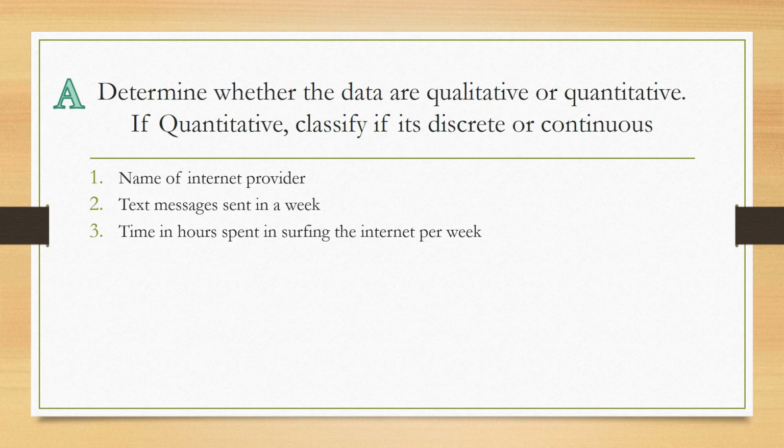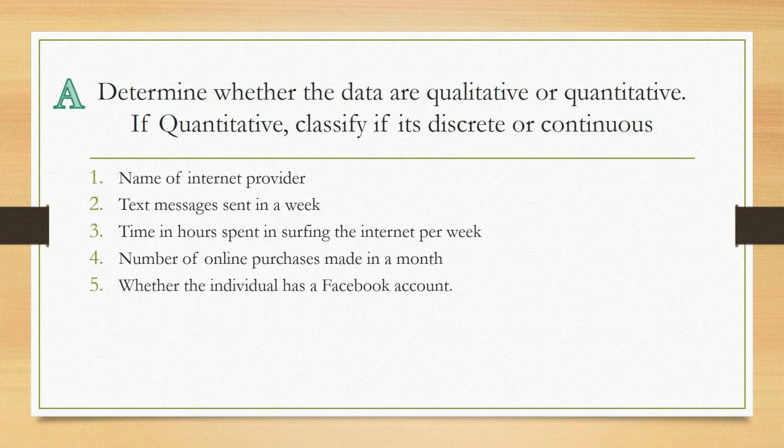So if we are going to measure, if we are going to calculate, we consider this as continuous data. Number 4, number of online purchases made in a month. From the word itself, number, so we can classify this as quantitative data. And we can count the number of purchases made in a month, so we consider this as discrete data.